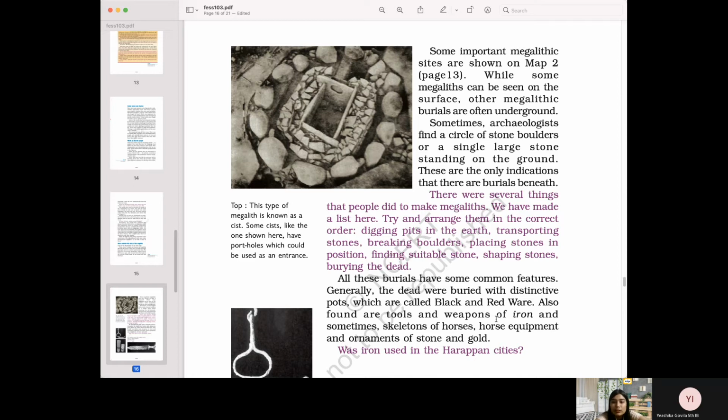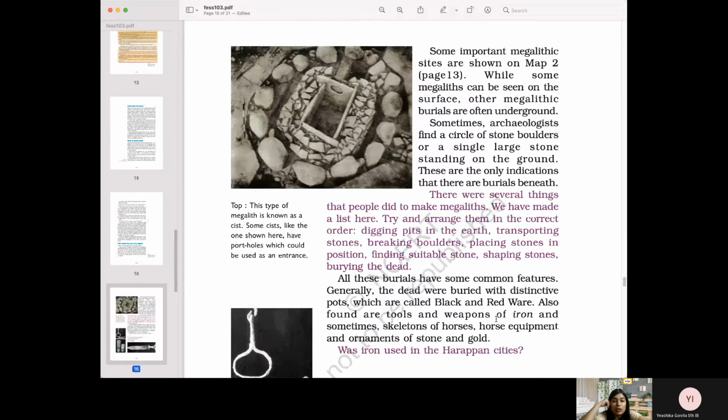Then next, all these burials have many things, like tools, weapons, and sometimes jewelry, right? Even skeletons of horses, meaning what? Even a horse was buried along with his owner, right? Even ornaments of horses are found, like stone and gold.